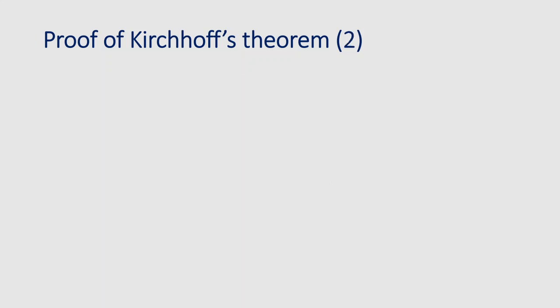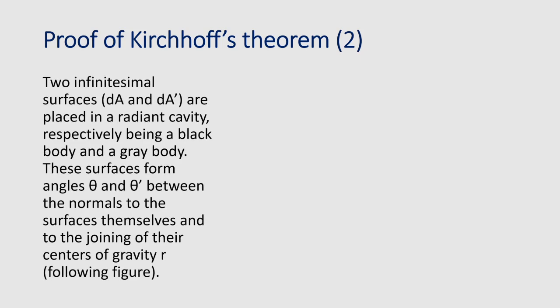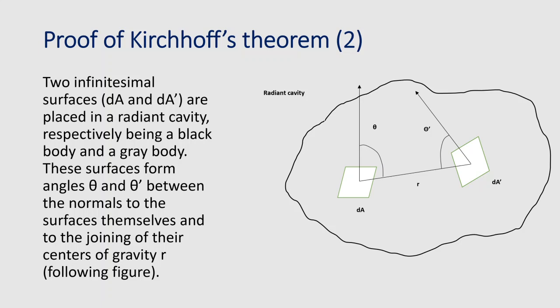So, how can we have the demonstration of this Kirchhoff theorem? Well, let's see these figures. Here we have a very non-regular surface, because this is a radiant cavity. You remember we mentioned the radiant cavity when we introduced all the topics related to the radiant laws.